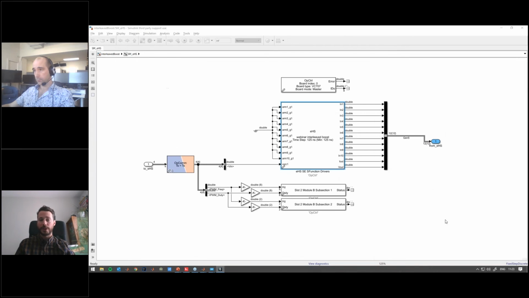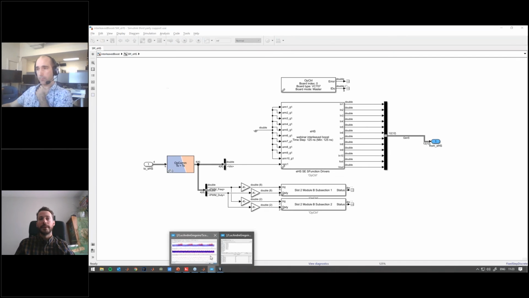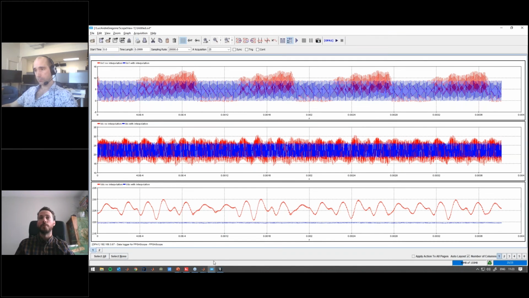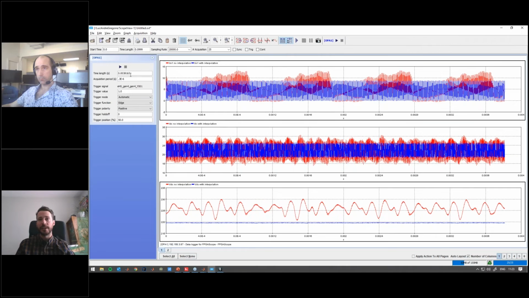We did have a question about the plotting tool. So, Luc, if you want to go over ScopeView a little bit. ScopeView is another tool from OPAL that we use to extract and plot all of the waveforms that we see in the FPGA.